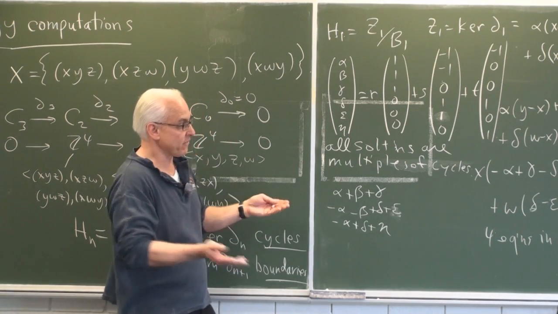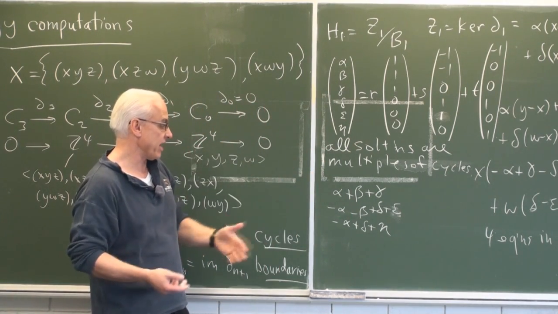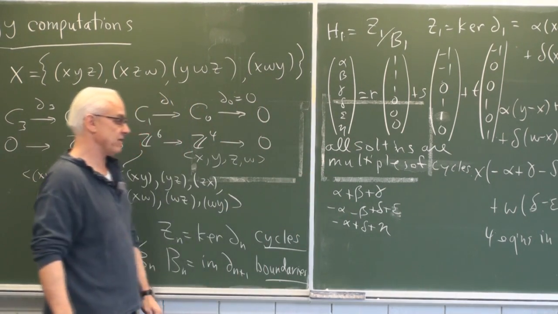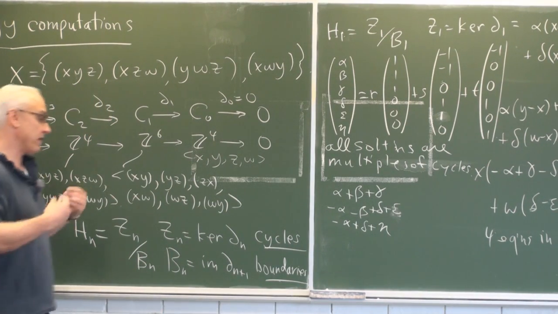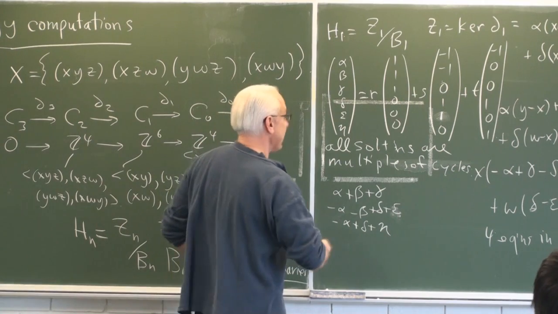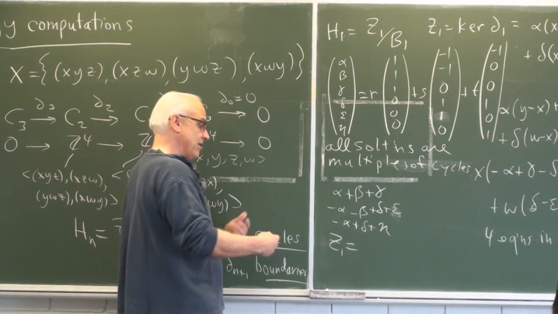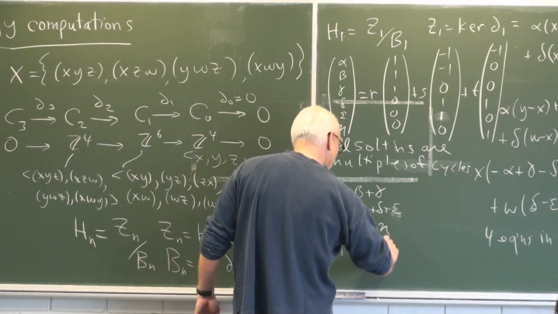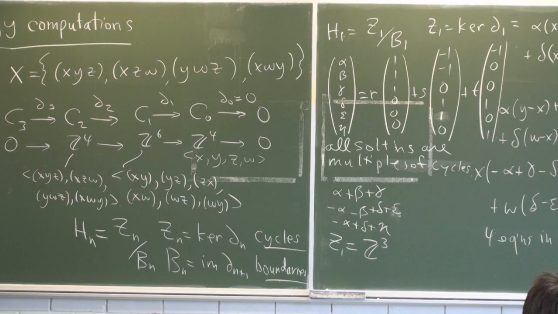It was just a question of the particular row reduction that I did that I ended up getting these basis vectors. So the end result is that our cycle space is 3-dimensional. It's the group Z3 because it's got these 3 generators.